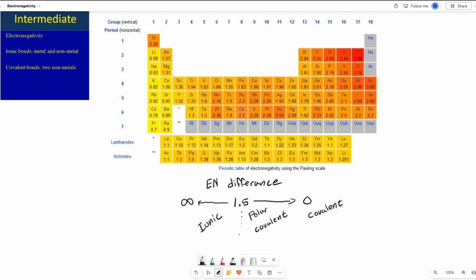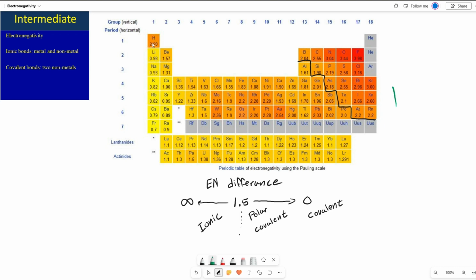First off, if you remember how the periodic table is divided up between metals and nonmetals, it's kind of a zigzag line going down here. And everything to the right of that zigzag line is a nonmetal, and everything to the left is a metal, with the exception of hydrogen.